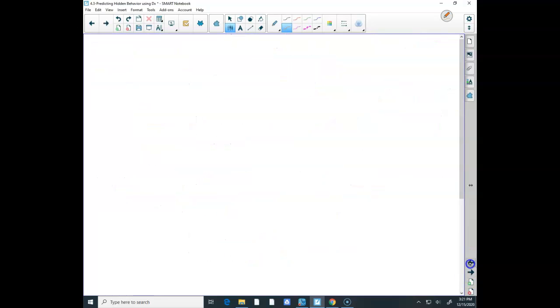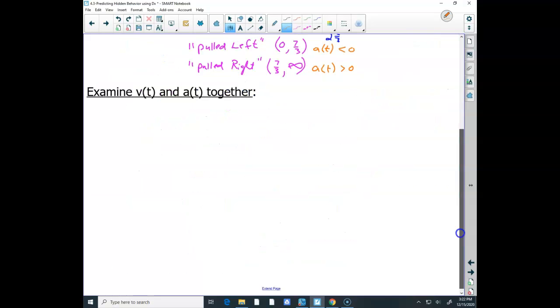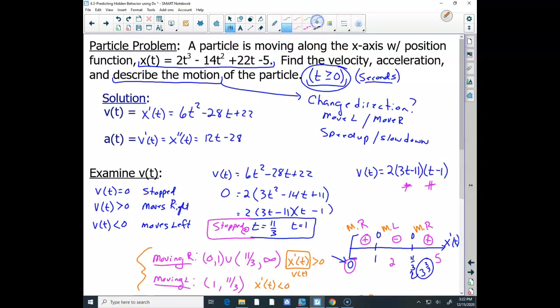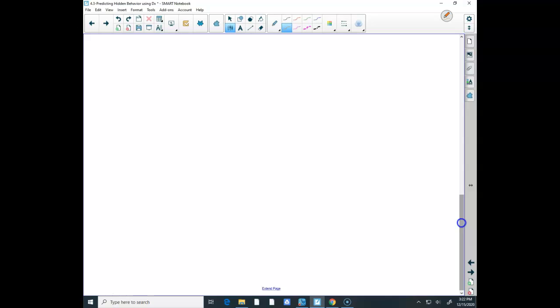And the last one, I want to examine them all together at the same time. I want to examine V of t and A of t all together. So in order to do that, I'm going to come down here, and I want all my number lines together. And I want to go there.